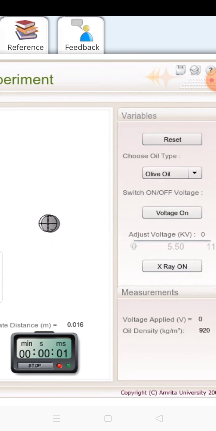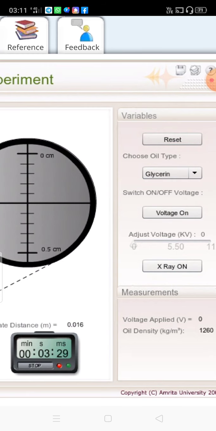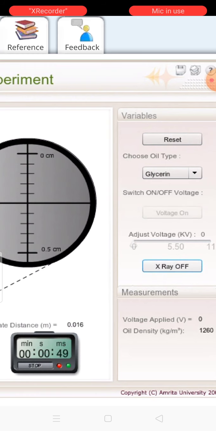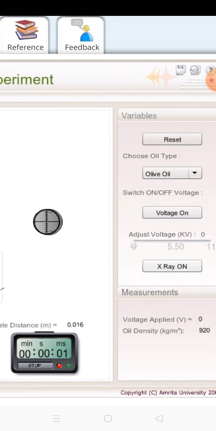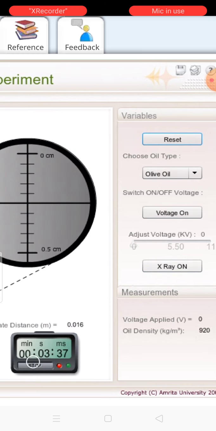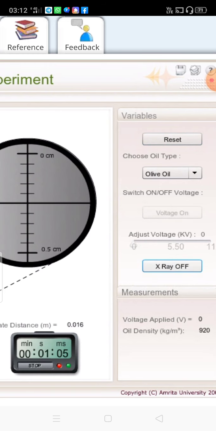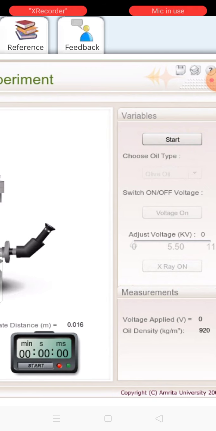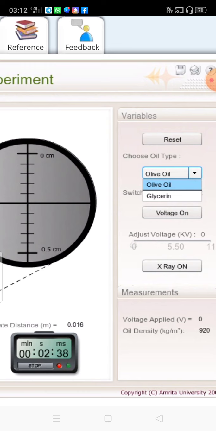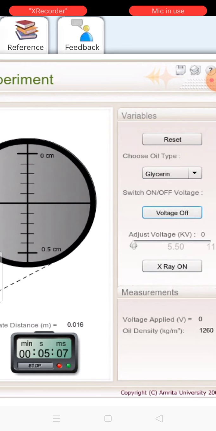Reset, start, glycerin, X-ray on, then X-ray on, reset, start, stop, X-ray on, voltage, reset, voltage on, start, then glycerin, voltage on, voltage off, and X-ray on.